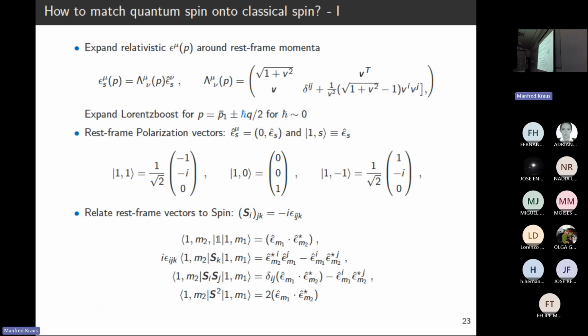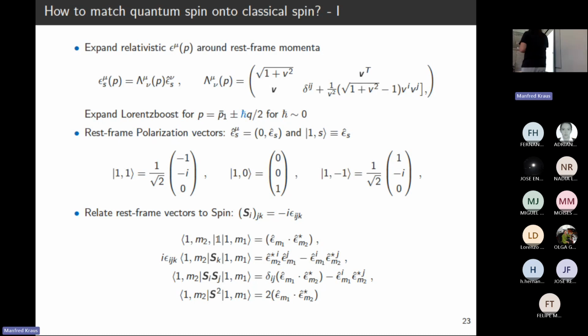The next thing is, how do you extract classical spin information from a quantum amplitude? And here the idea is that, first of all, it has to be a massive momentum. Because what you're doing is writing the polarization vector for spin S as the Lorentz transformation of the rest frame polarization vector.